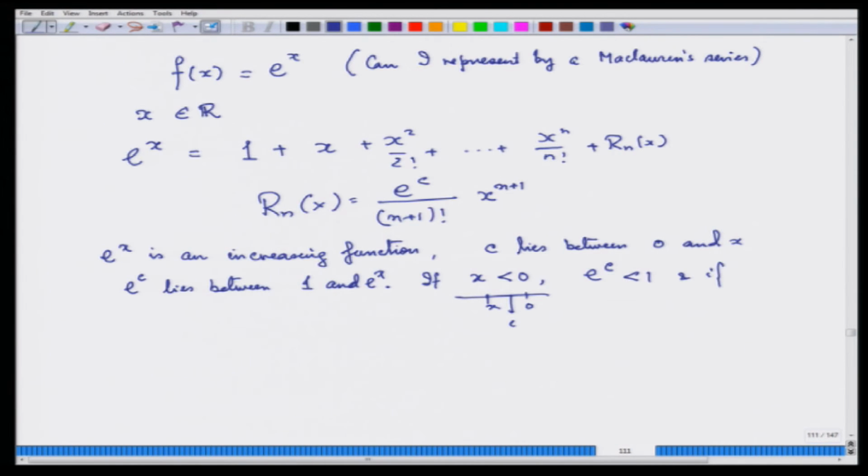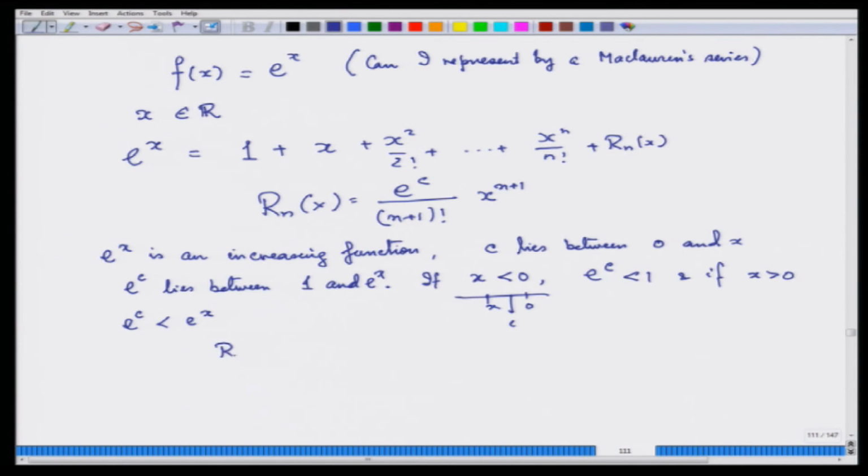And if x is strictly greater than 0, and of course I am not taking x equal to 0, because then it is 1 and I do not have to bother about it, I can obviously write it as a series. I am just bothered about strictly greater than 0 and strictly less than 0. For strictly greater than 0, e to the power c is strictly less than e to the power x.